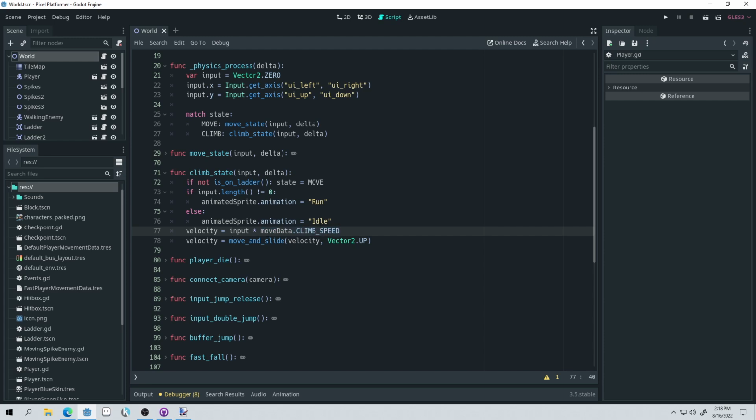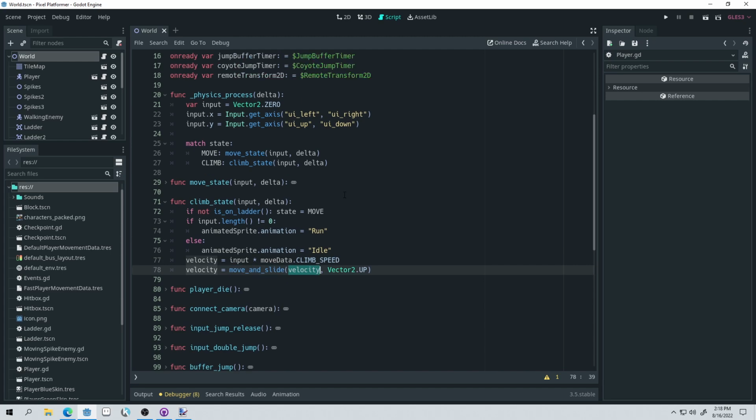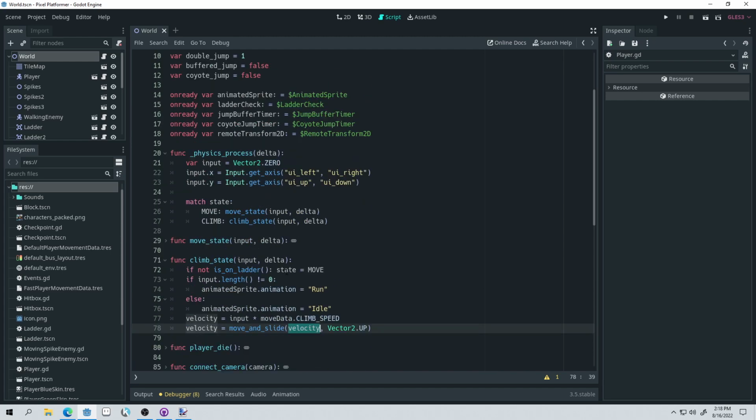This isn't a change in velocity over time, right? We're just setting our velocity. It's going to be the same every single frame that we set it. So it doesn't represent a change in velocity over time, so we don't need to multiply by delta here. Because move and slide will handle multiplying our velocity itself by delta. So we actually don't need to pass delta into the climb state.